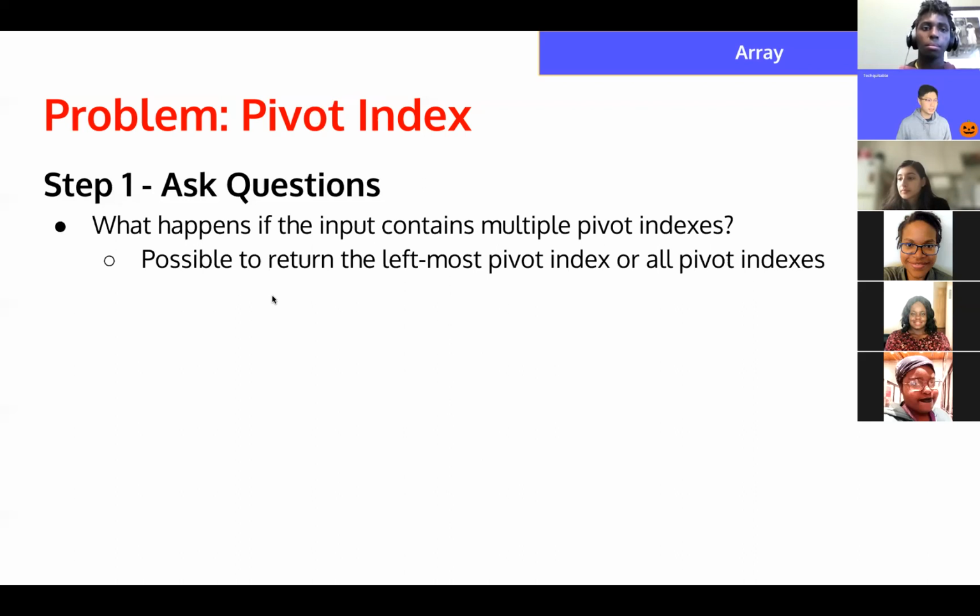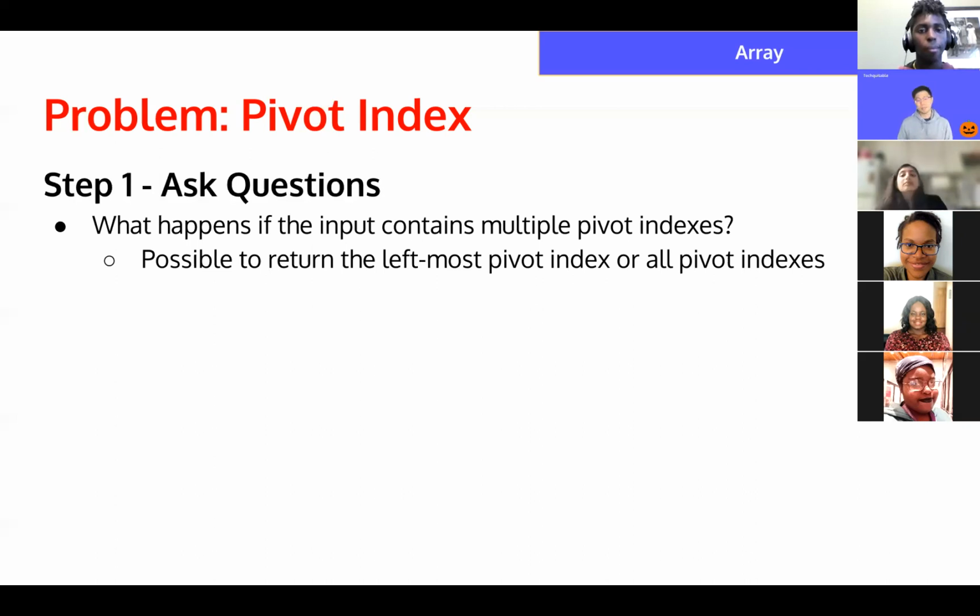I'm going to list some more out here. Other good questions to ask might be, what happens if the input contains multiple pivot indexes? Because if that's the case, it is possible to return the leftmost pivot index, or all pivot indexes, or some variation of that, right?